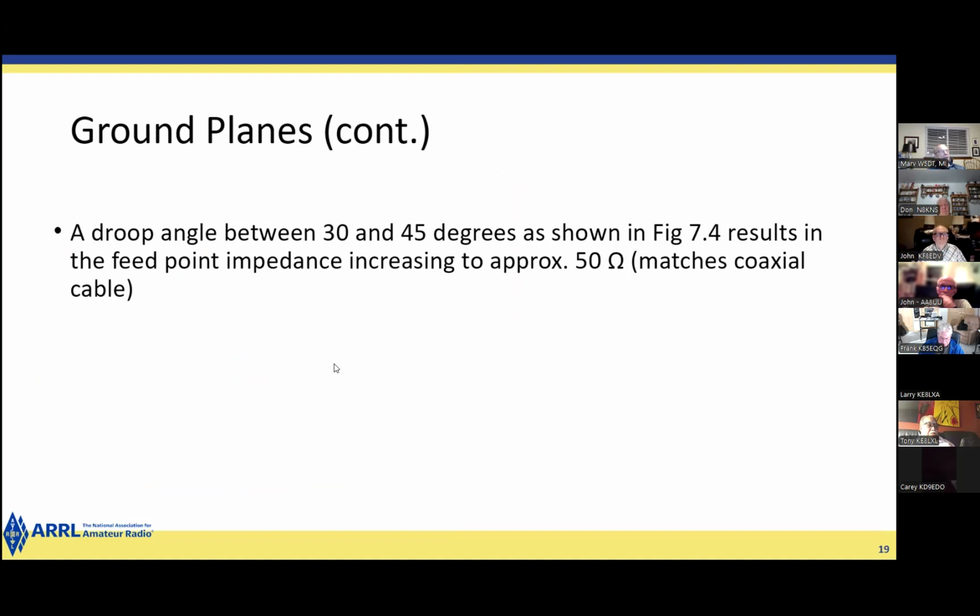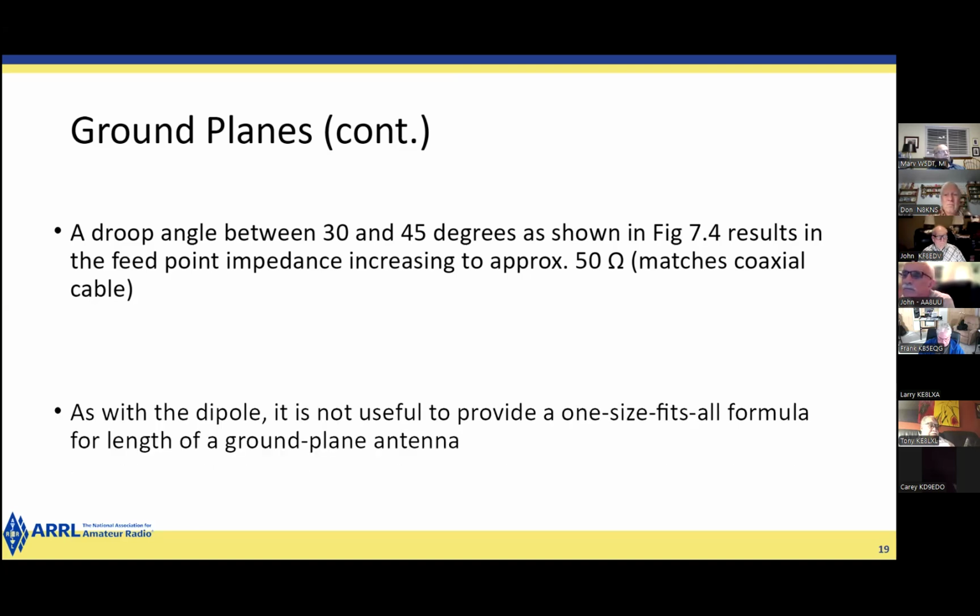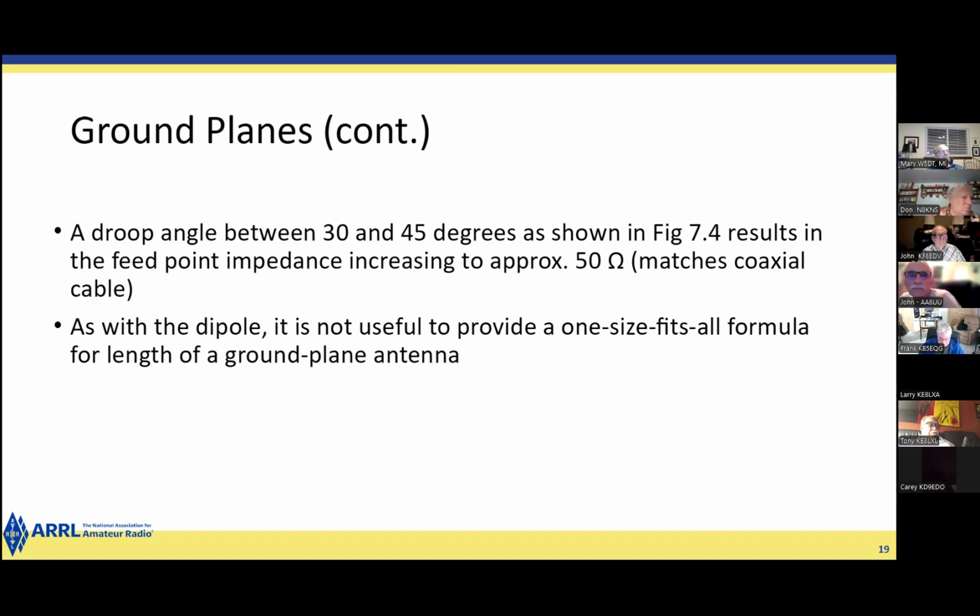So if you get that droop angle between 30 and 45 degrees, the impedance increases to approximately 50 ohms, which matches the coaxial cable.